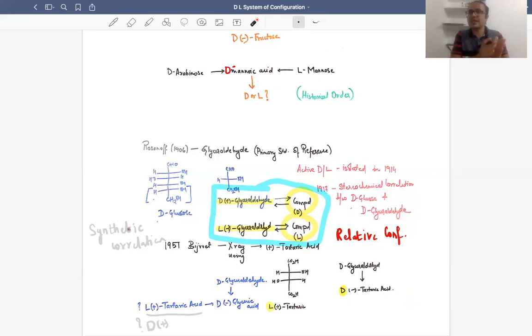We structurally compare the glyceraldehyde with other compounds and assign them as having a D or an L configuration. Other than that, we no longer use synthetic correlation to assign the configuration of a stereoisomer. So that we will see in the next video.